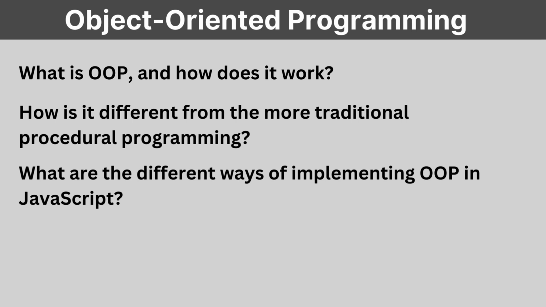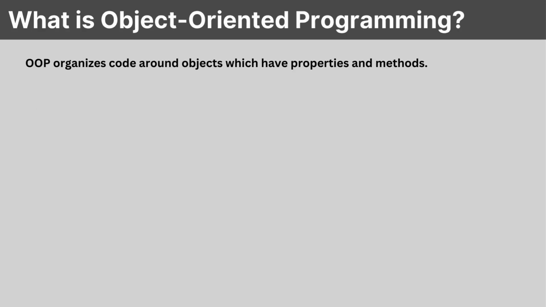So let's get started. Now, what is object oriented programming? Object oriented programming is a way of organizing and structuring our code based on the concept of objects. And as you already know, objects are entities that have properties and methods.